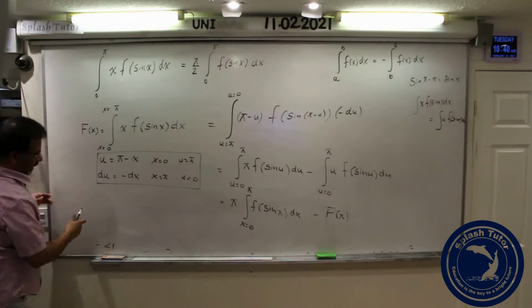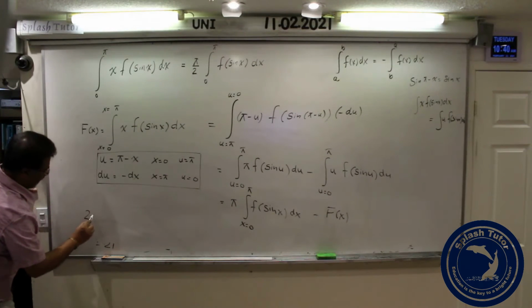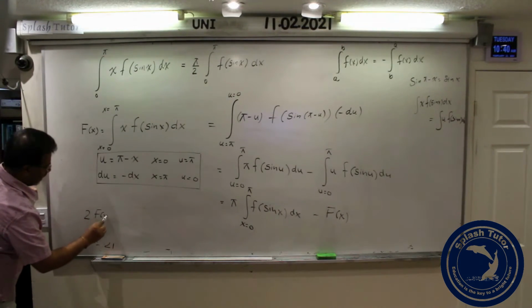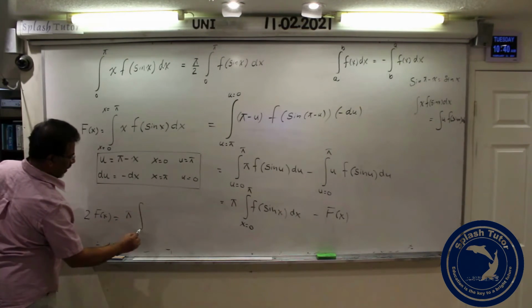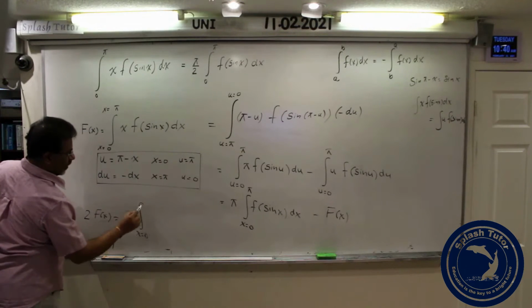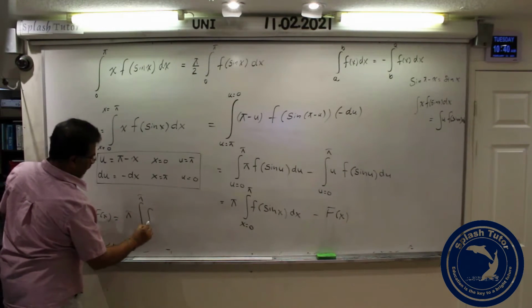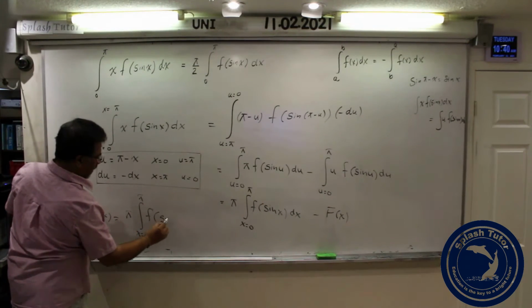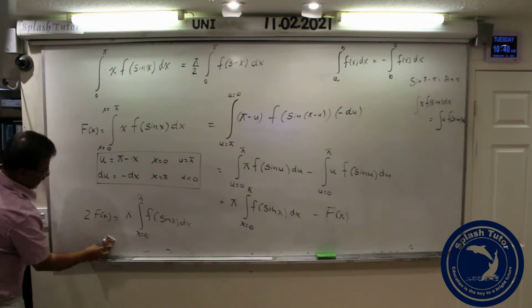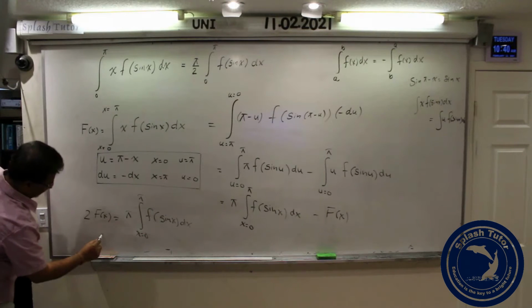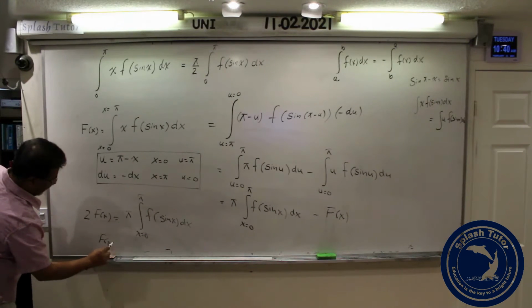If I bring the capital F here, that is 2 times capital F(x) equal to pi times the integral from 0 to pi of f(sine x) dx, and we get the answer. F(x) is the question, right?